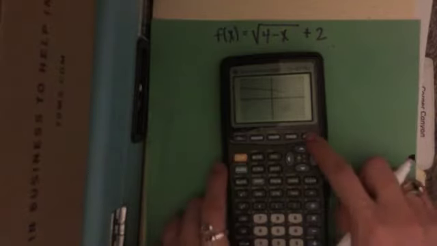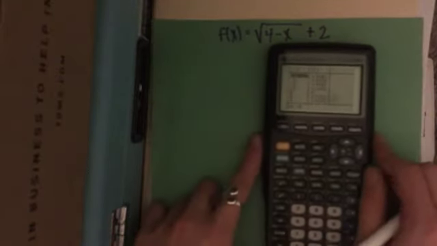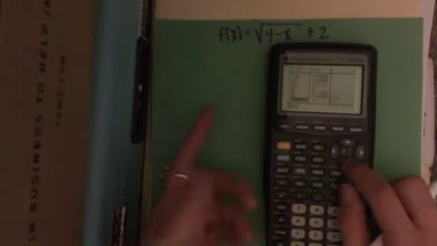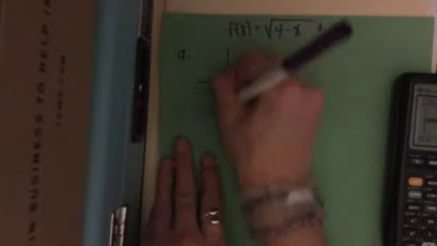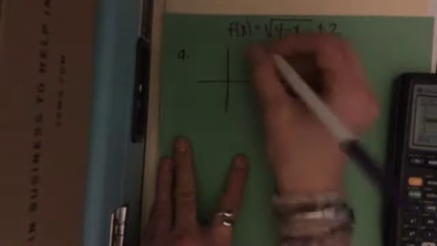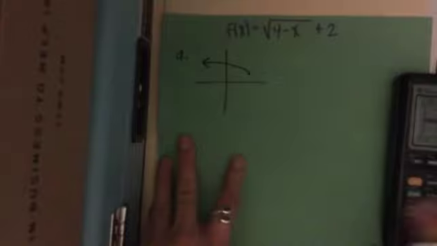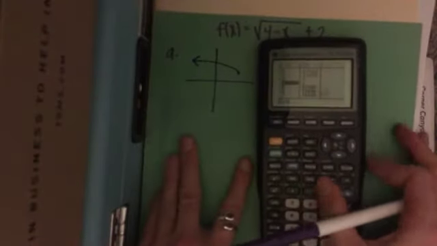And you get that graph right there. So I can look at this and I know that this point right here, 4, 2, is really the starting point of this. So when I graph this, 4, 2, that's about right there. This is just going to take off that way. Okay.